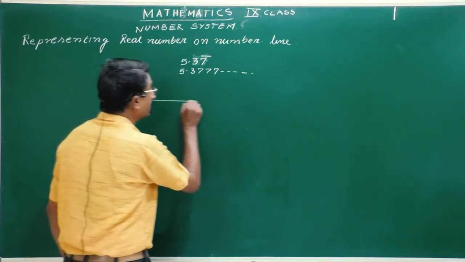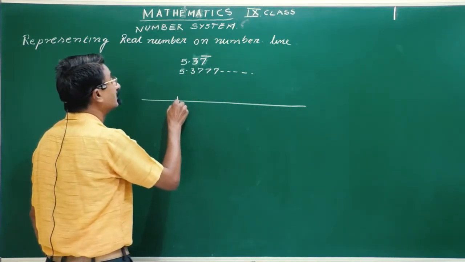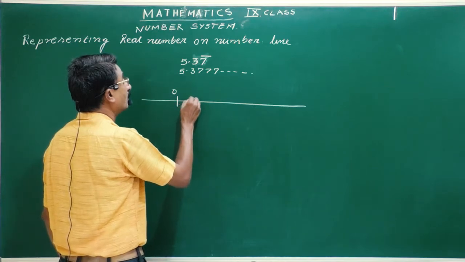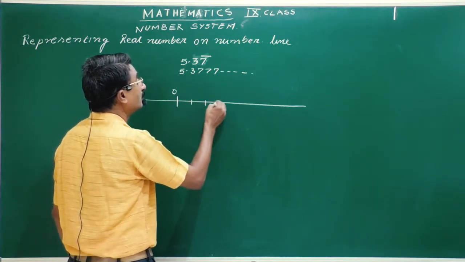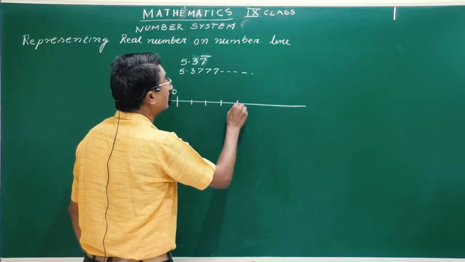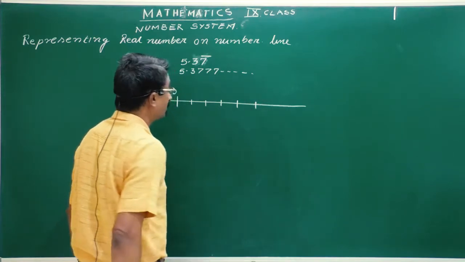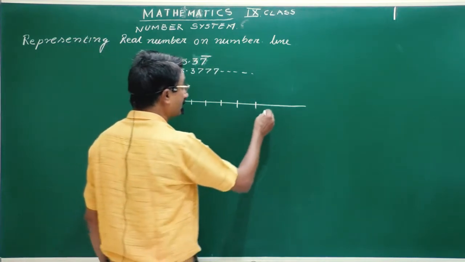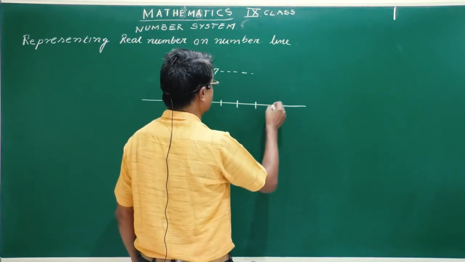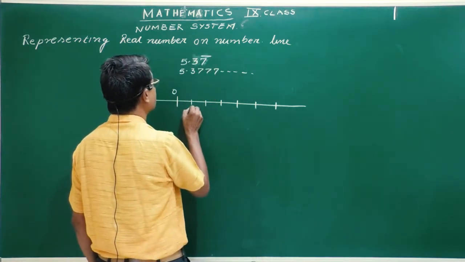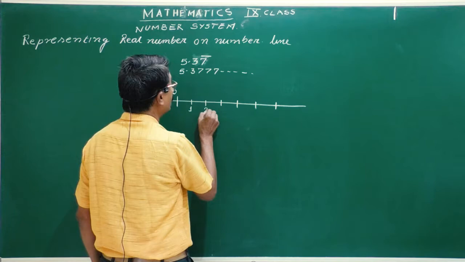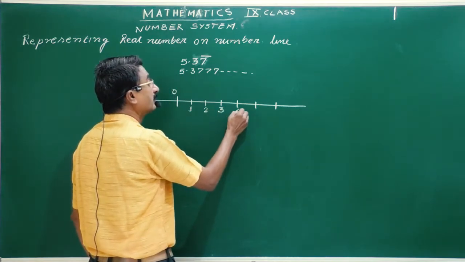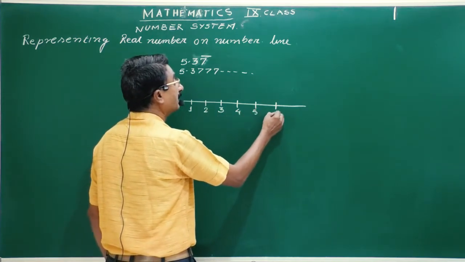We have to draw a number scale. 0, 1, 2, 3, 4, 5. 5.3 will come after 5 and before 6. So this is 1, 2, 3, 4, 5 and 6.